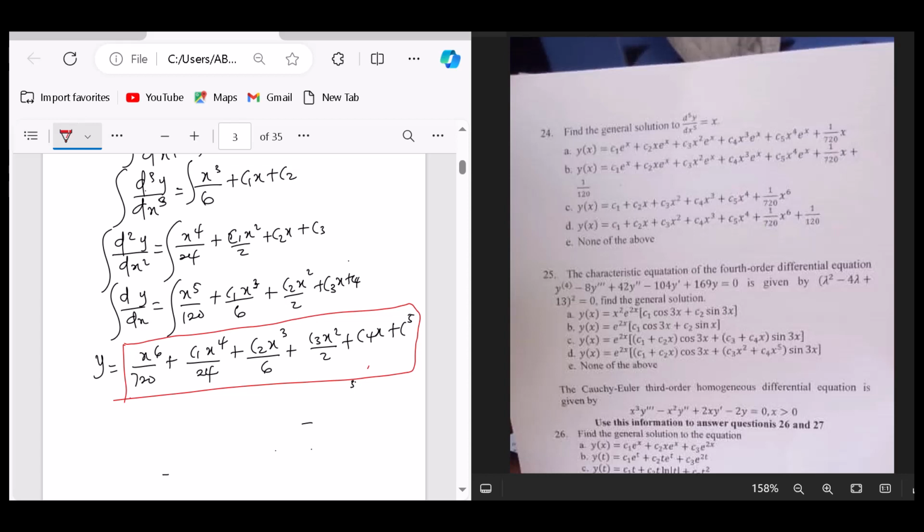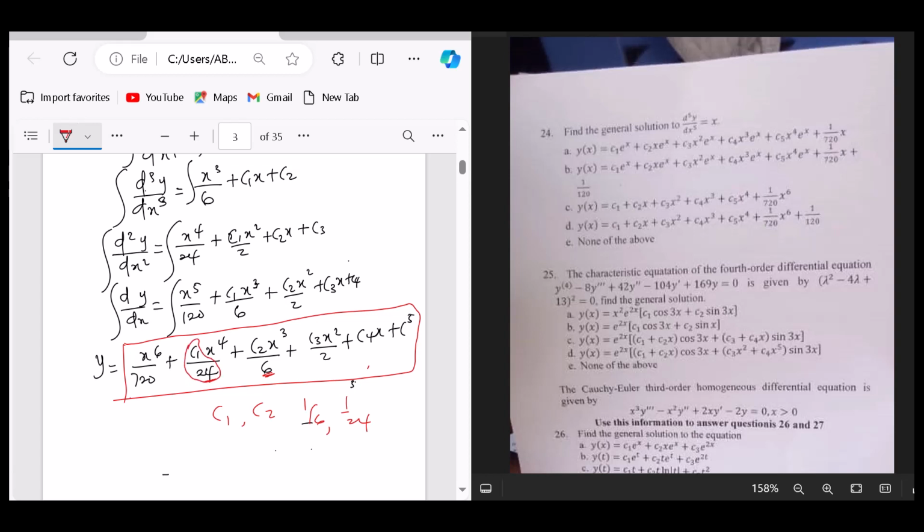Don't worry about the constants here, because c1, c2 are just constants, and the 1 over 6, 1 over 24 are just constants. So don't worry about them. We are just interested whether there is a constant or not.